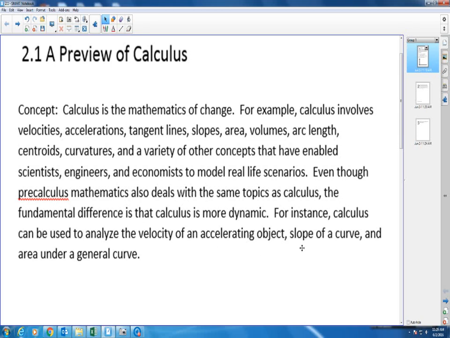That's very interesting, because what we know about slopes is the slope of a straight line, but how do we find the slope of a curve? And how can we find the area under a general curve? We can find the area of a rectangle or a square, but how do you find the area of a curvature? These involve calculus.